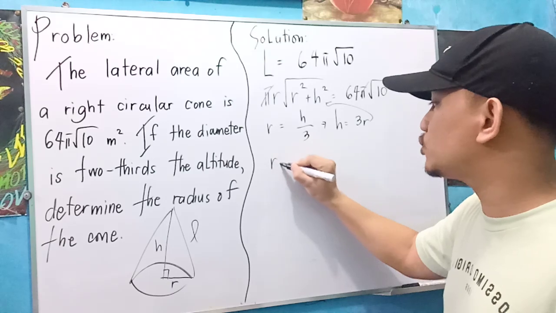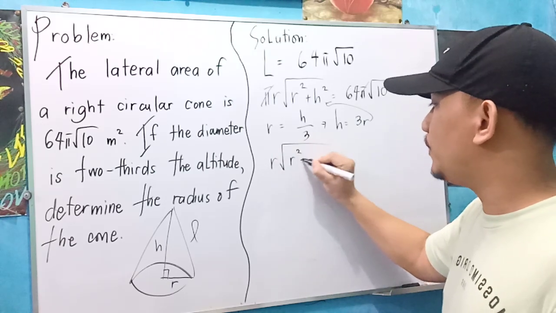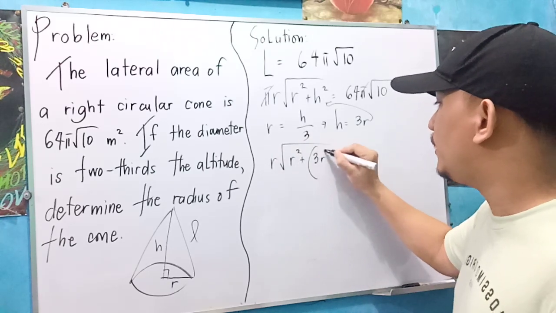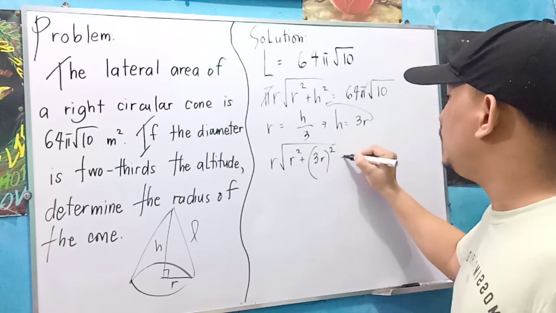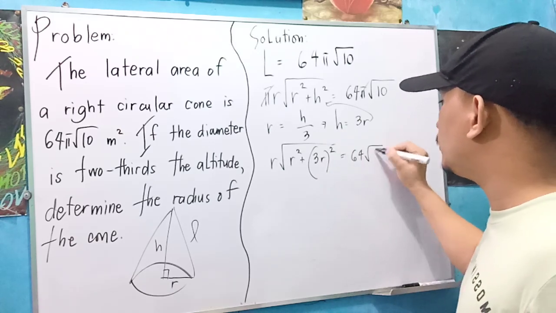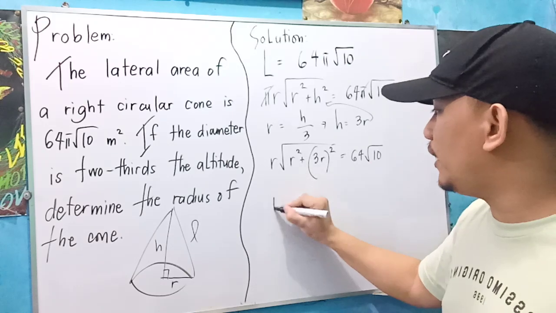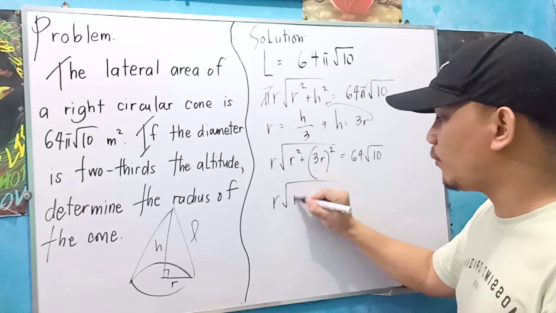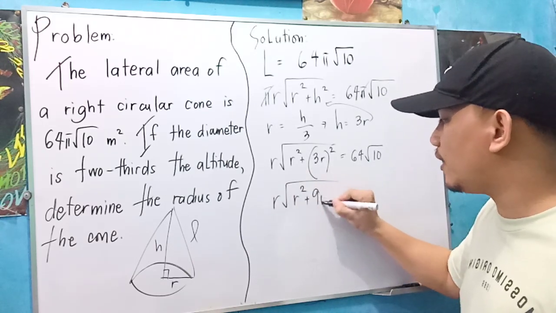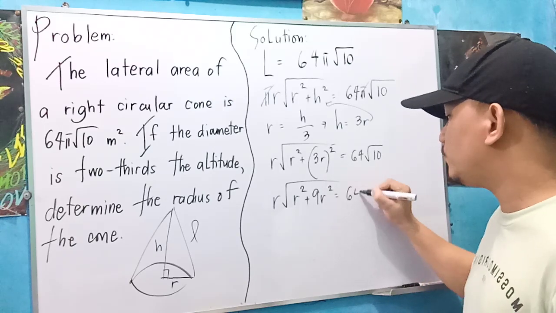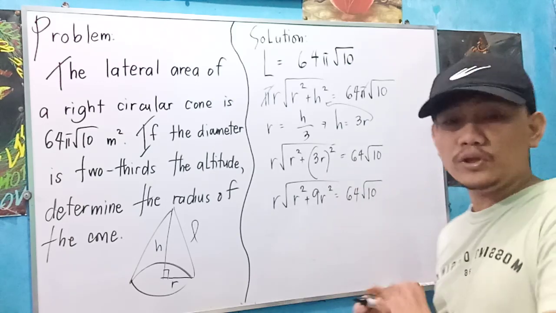So, we have r times square root of r squared plus, ano yung h natin? 3r, quantity squared, equals 64 square root of 10. So, we have r times square root of r squared plus 9r squared, equals 64 root of 10. So, root din yung tawag dyan, root 10.